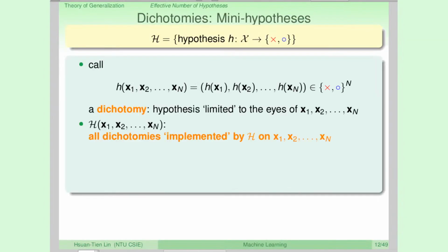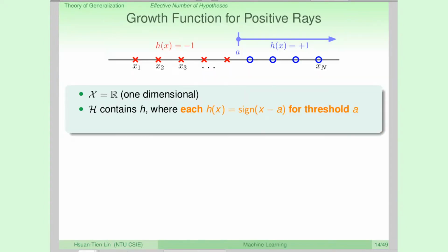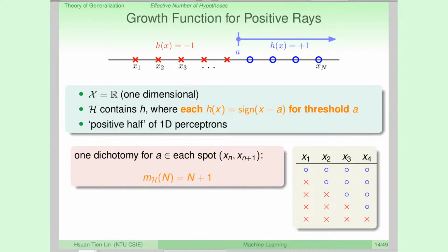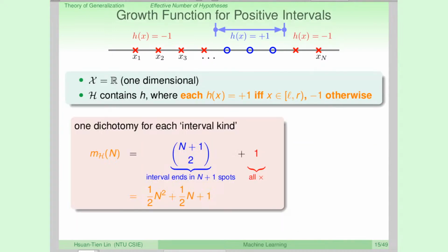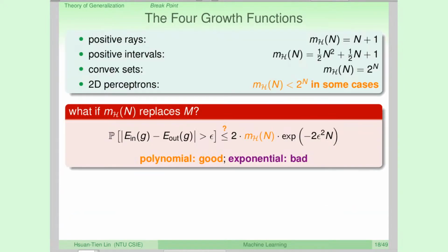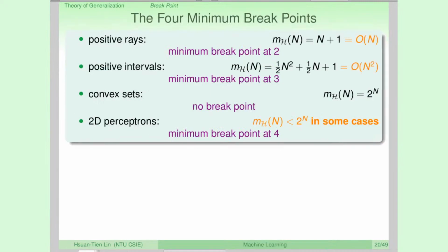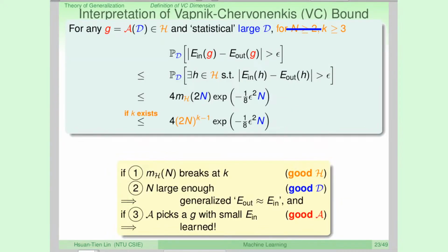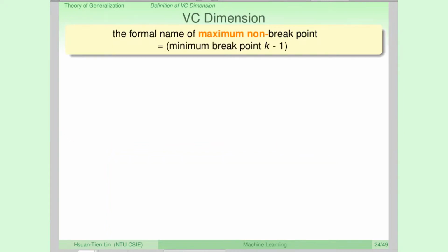We started discussing the breakpoint and so on to show that our hypothesis set can be limited with some inputs, and the limitation is called a breakpoint. We consider naming the most powerful aspects of the hypothesis set as the VC dimension.